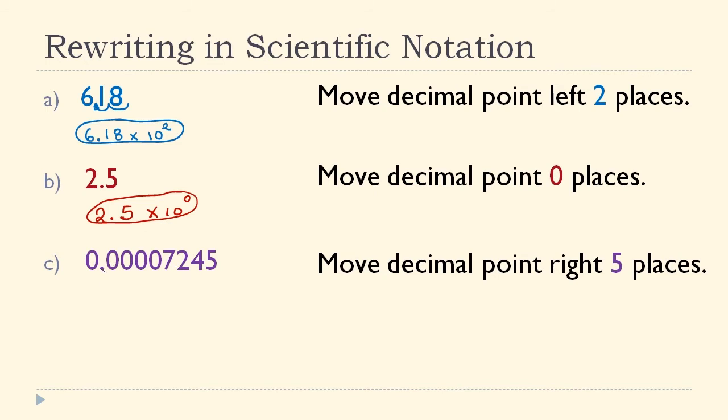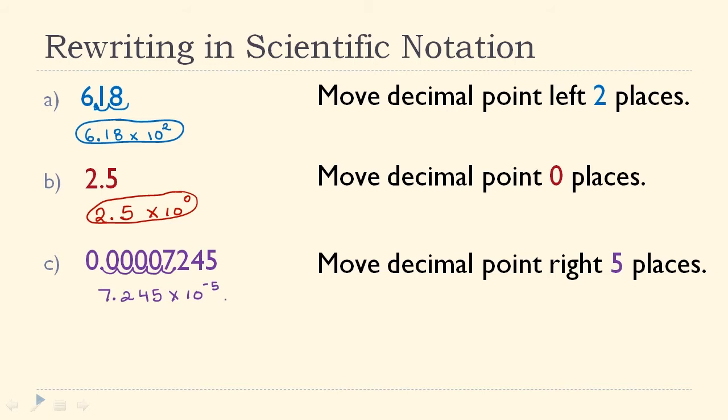Moving it 5 spaces. When I do that, I get 7.245 times 10. And since I moved it to the right, it's going to be a negative exponent of 5.